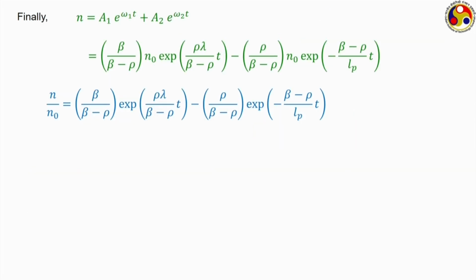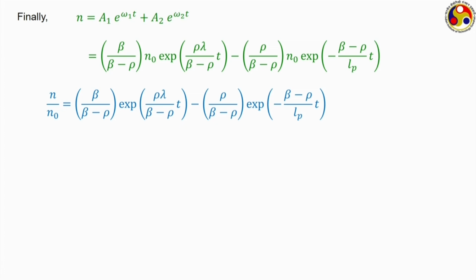Once we put these two, we know that N is equal to A1 into e to the power omega 1 t plus A2 into e to the power omega 2 t. We are putting this expression of beta by beta minus rho into N naught exponential omega 1 t, and the second expression, where we are getting the value of omega 2 t, and once we rearrange the terms, this is what we get finally.